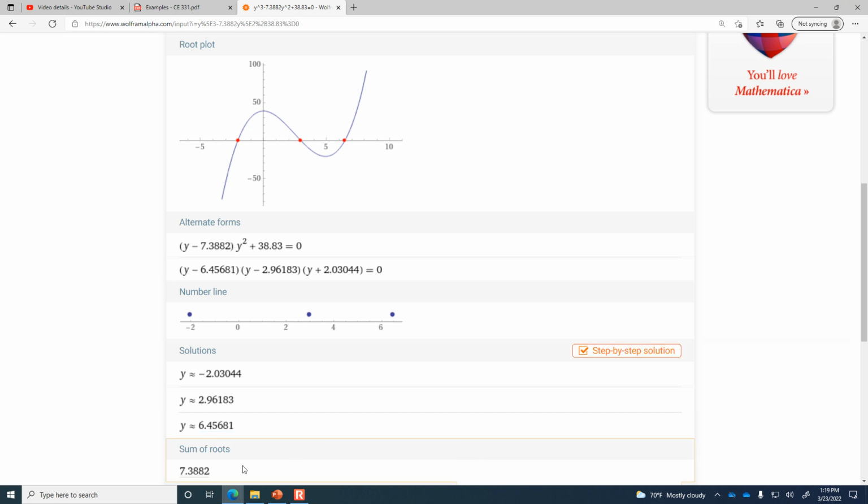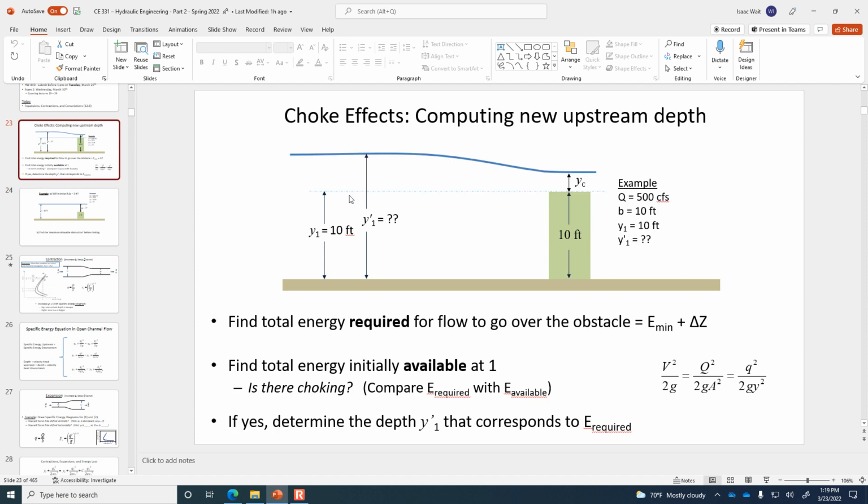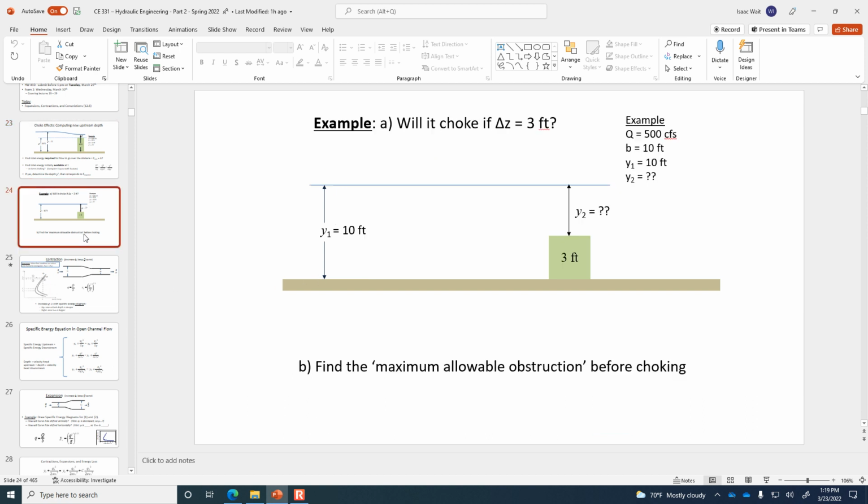The 3-foot height isn't so big that it's going to induce the critical depth over the obstruction. It only flows at the critical depth if there was choking and then it reestablished some new equilibrium, or if the delta Z was at the maximum delta Z. And 3 feet isn't the maximum delta Z.